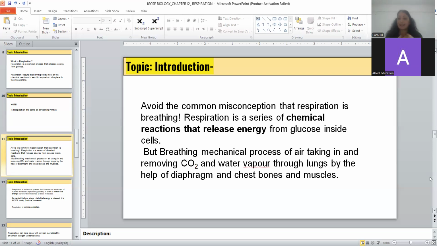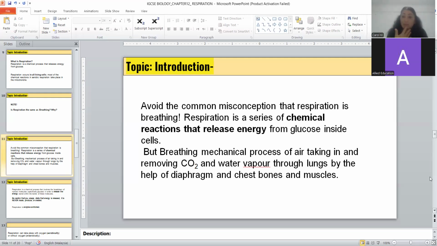But in breathing, the lungs and the muscles of the lungs, the diaphragm, are all involved in taking in the air and giving out the excess materials of that respiration, like the water vapor. It can be carbon dioxide, and to let the oxygen go inside the blood, and the gas exchange happens in the blood.